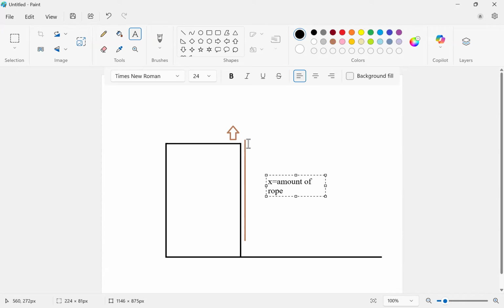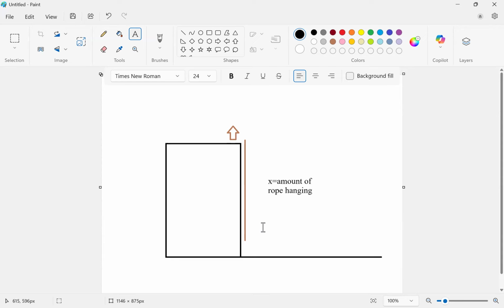Because as I start to pull this rope up, I will start at 100 meters of rope. And as I pull it up, let's say I pull up 20 meters, then 80 will be left.